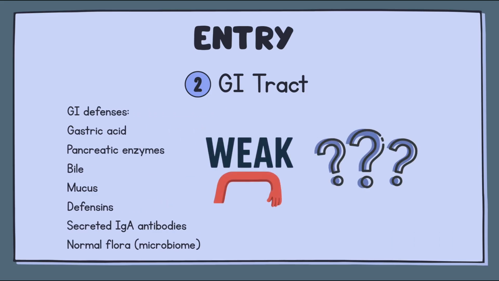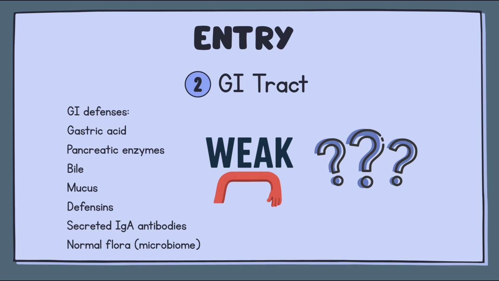Examples of when they can be weak are, for example, low gastric acidity, reduced pancreatic functions, when we give antibiotics, because antibiotics can alter the normal intestinal flora, therefore opening the way for pathogens to infect, and reduced bowel motility, which is called constipation.